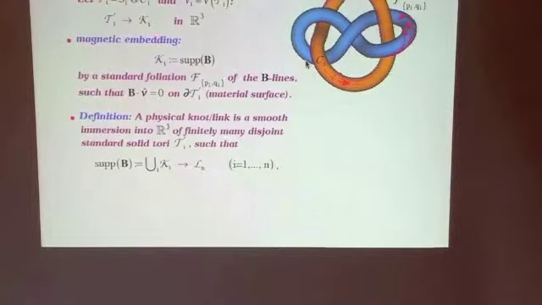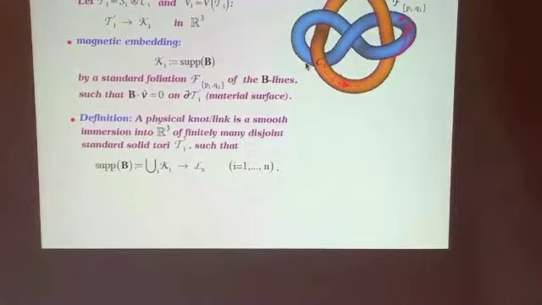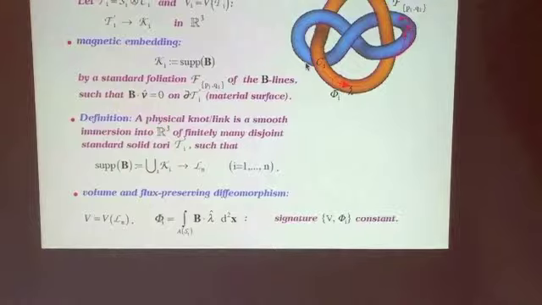Anyway, the magnetic field will be embedded in this tube, and this tube is foliated. We take the magnetic field normal component equal to 0, so that the tubular surface is a material surface, and we can construct links in this way. This is, in a sense, a manufacturing of the field.